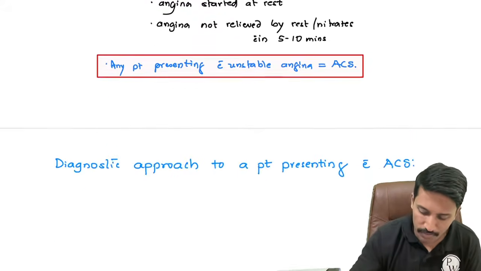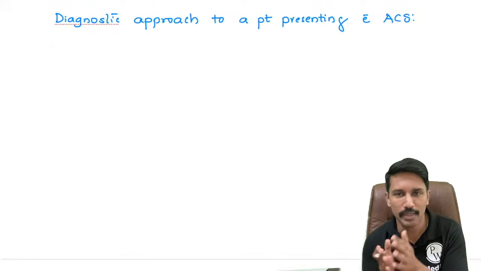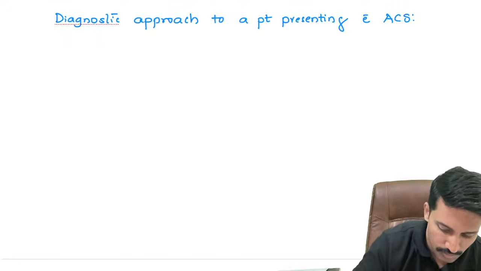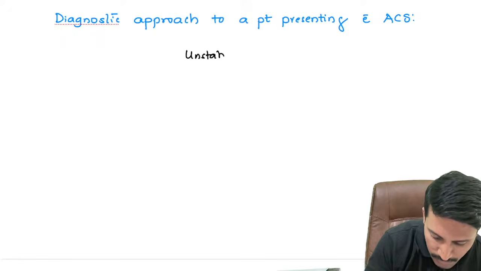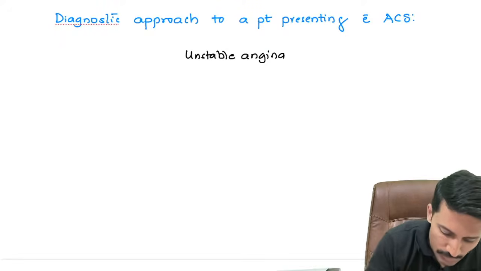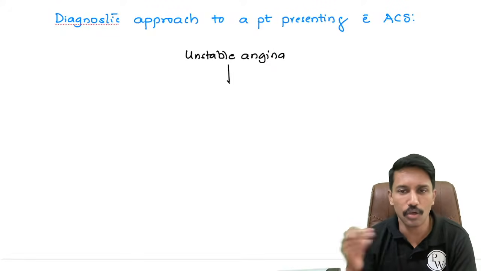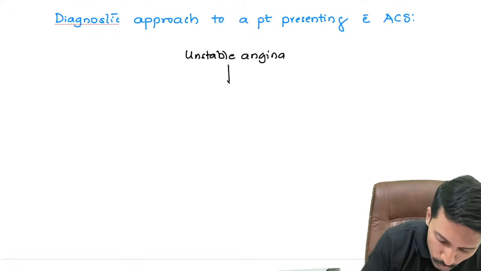Now to differentiate whether it is just unstable angina or infarction is there, I have to begin by investigating. How does a patient of acute coronary syndrome present? He presents with unstable angina, meaning angina at rest or angina not relieved by nitrates or rest. First thing I would do is ECG.